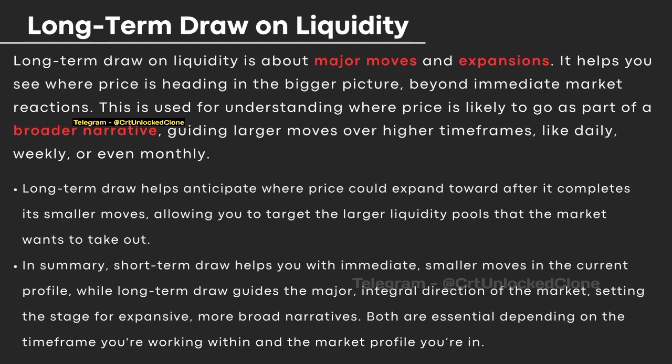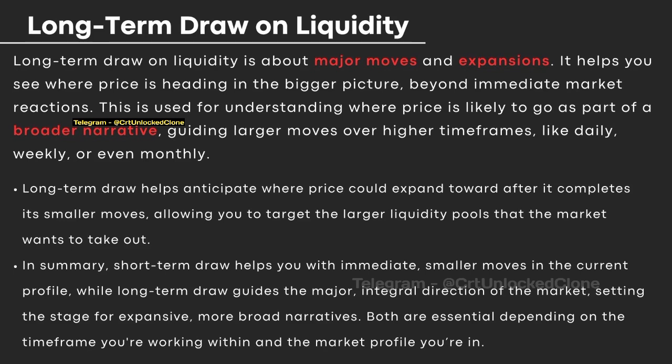Now, as we discussed earlier, short-term drawn liquidity is to determine where immediate market movements and reactions could occur, like retracement profiles and rejection of highs and lows. But on the other hand, long-term drawn liquidity deals with expansions and reversals, showing us where these broader and major moves could go to and where they are trying to reach for, right? It gives us a perspective on the bigger picture of the market movements and where it's likely headed, right?